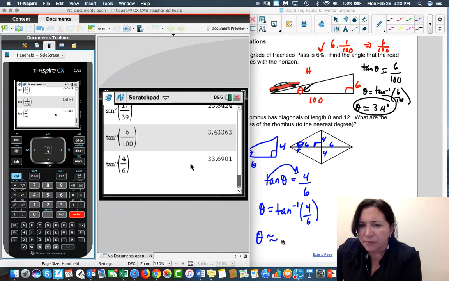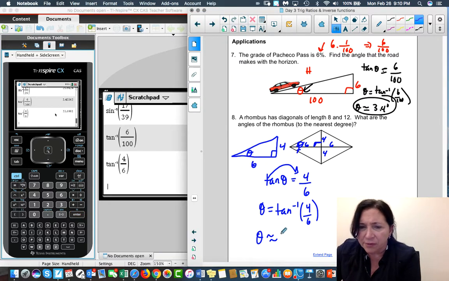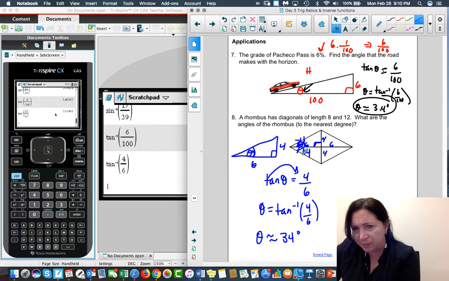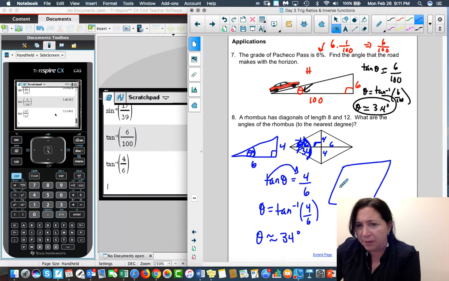So we'll say 34 degrees. So I'm going to say it's about 34 degrees, this one little angle here. So if this is 34, that's also 34, which means that this whole angle here is 68. So this angle is 68. So if I were to redraw the rhombus, I would get 68, and that would be 68 also, okay?